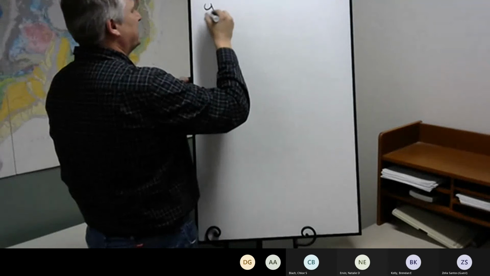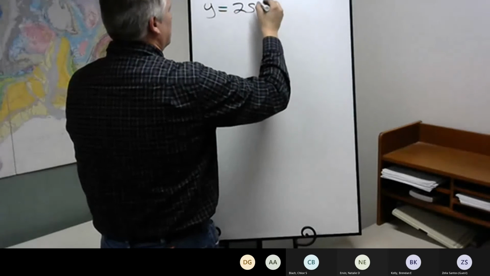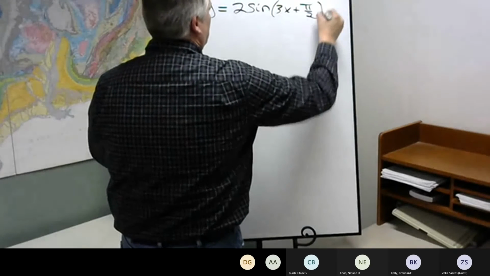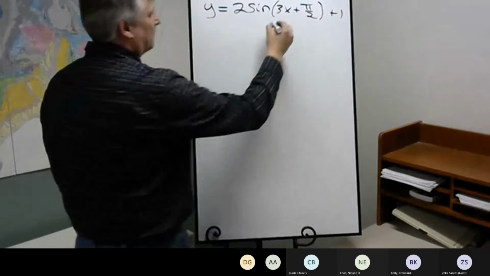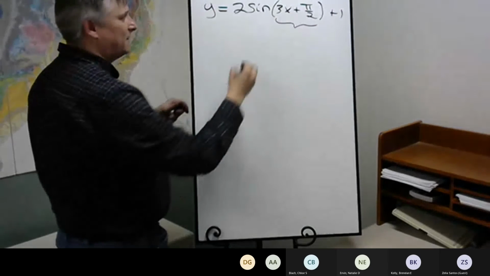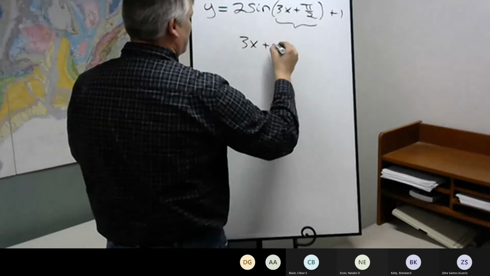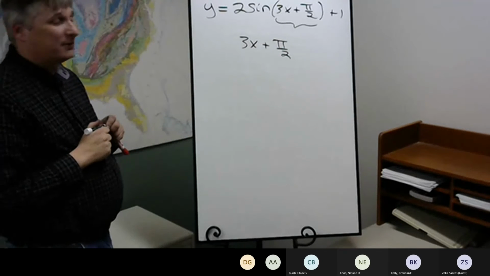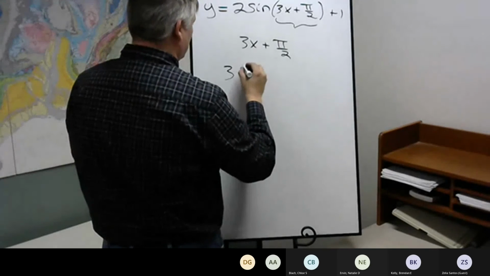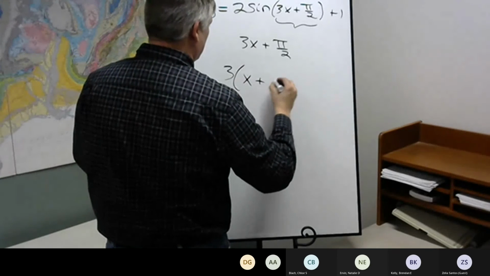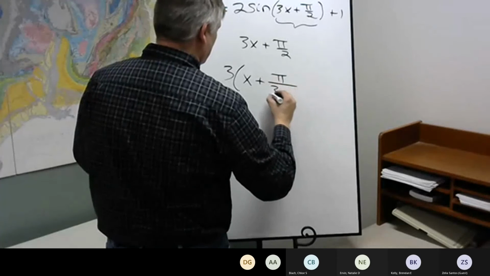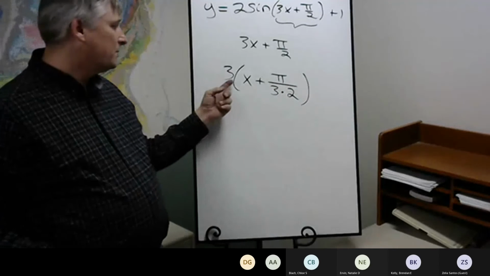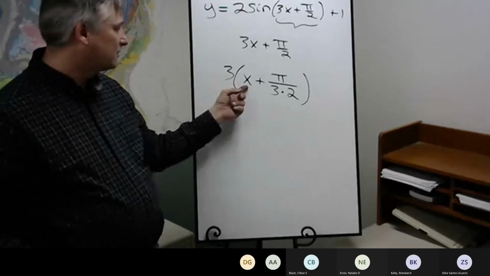So what the textbook will do for finding the period, you can take this and factor out a 3. If you distribute this 3, you'll get 3x.